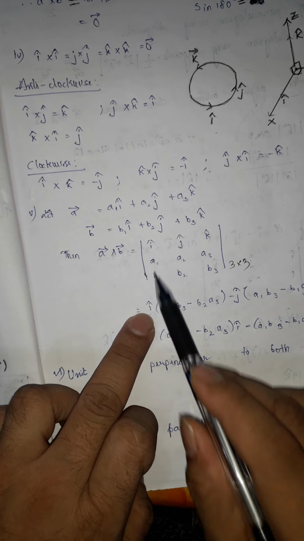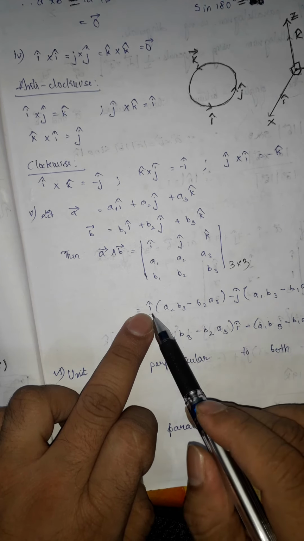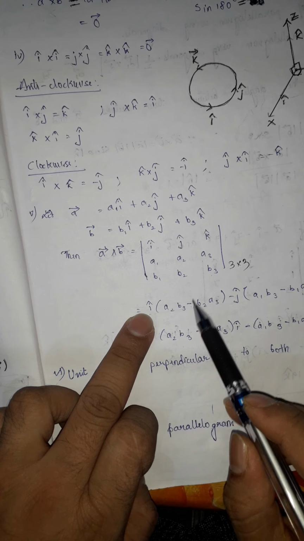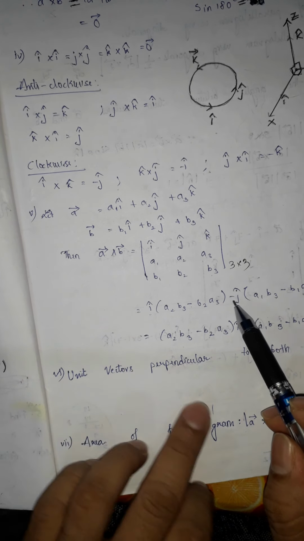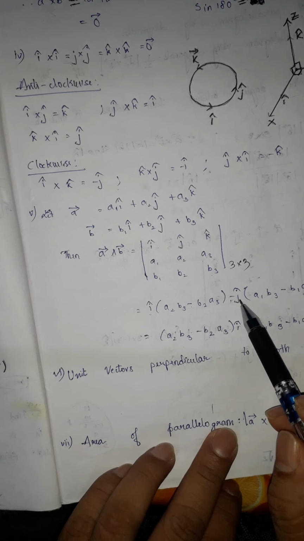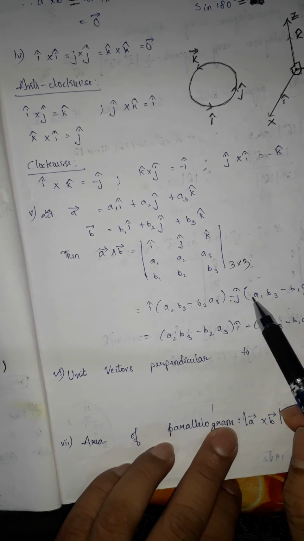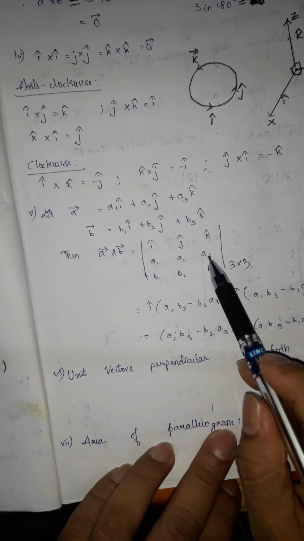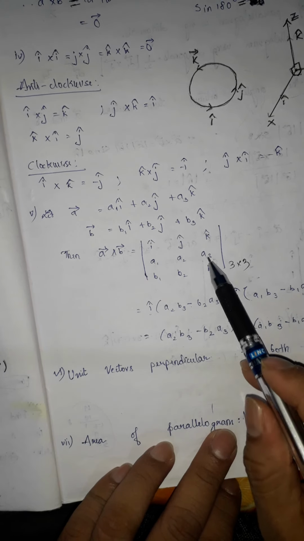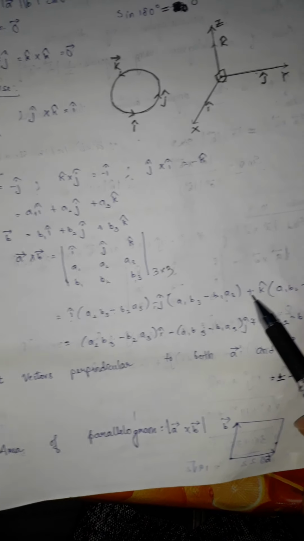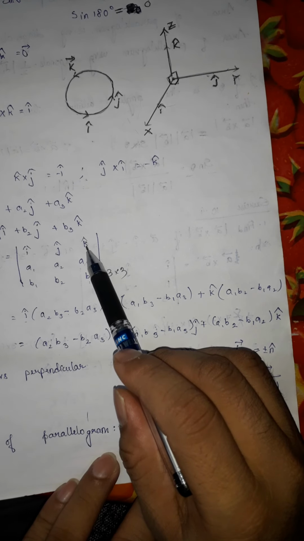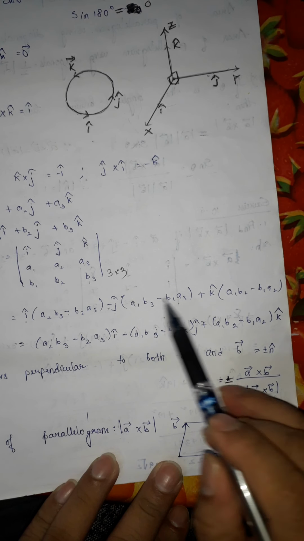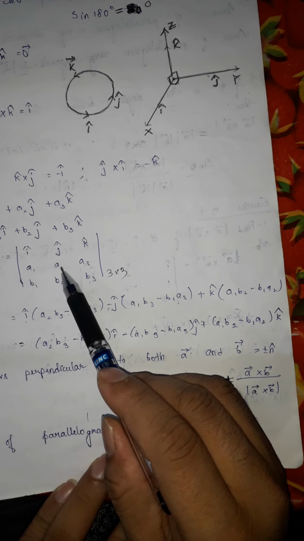Along the first row, i whole into a2 into b3 minus b2 into a3, minus j whole into a1 b3 minus b1 a3, plus k cap into a1 b2 minus b1 a2.